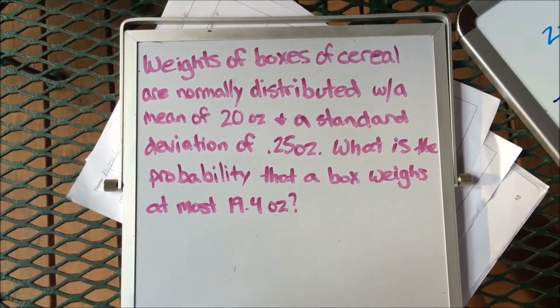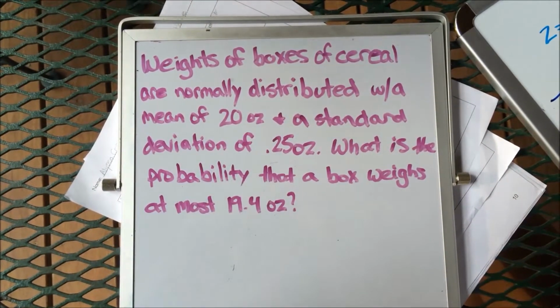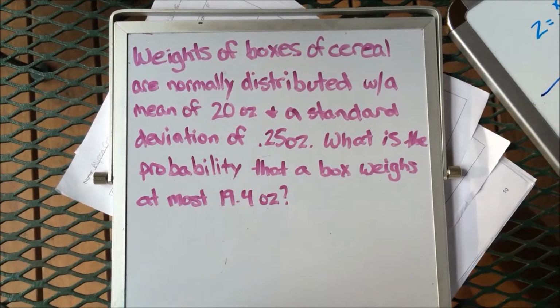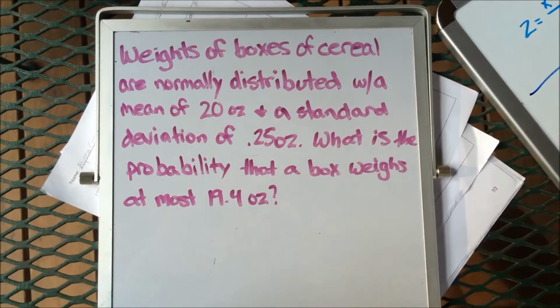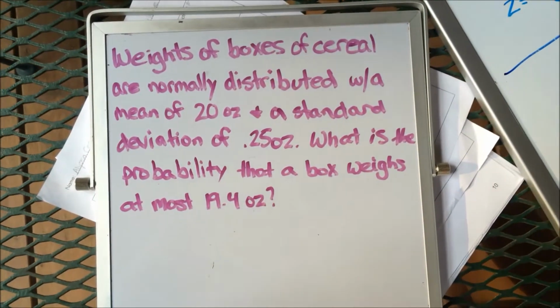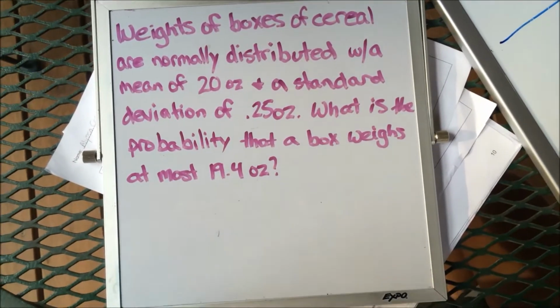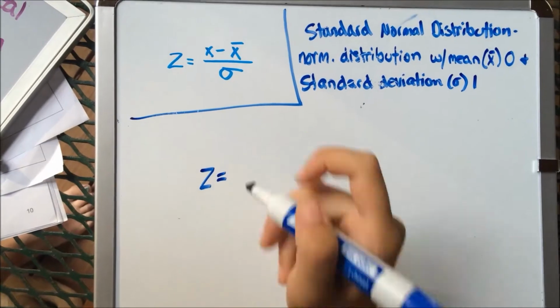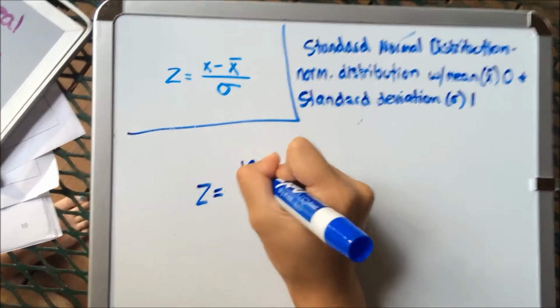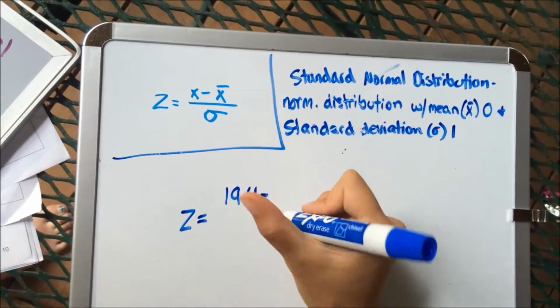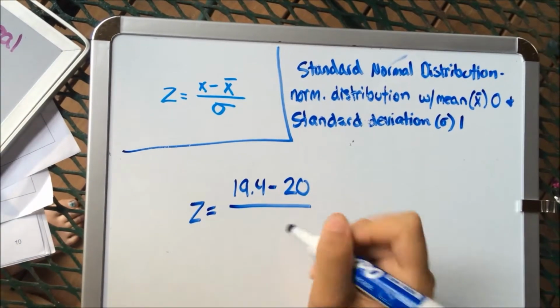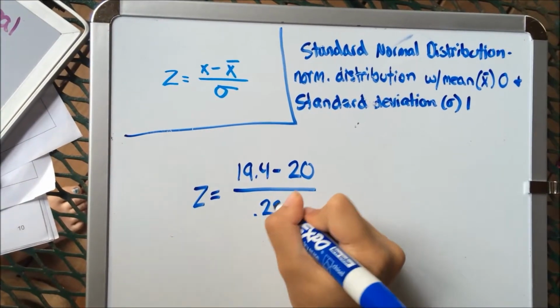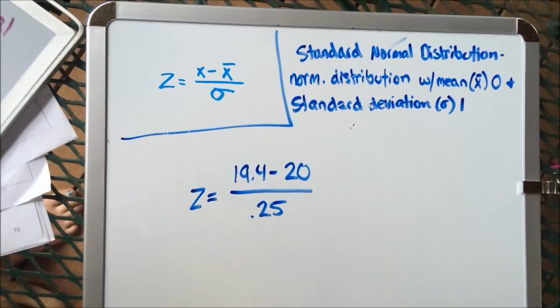Weights of boxes of cereal are normally distributed with a mean of 20 ounces and a standard deviation of 0.25 ounces. What is the probability that the box weighs at most 19.4 ounces? So again, you'll have to plug everything in. X is going to be 19.4 minus the mean, which is 20, over your standard deviation, which is 0.25.